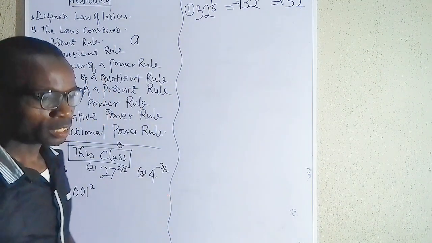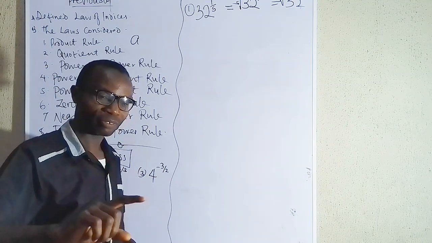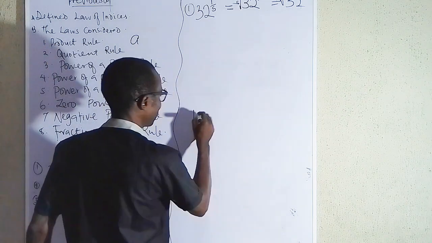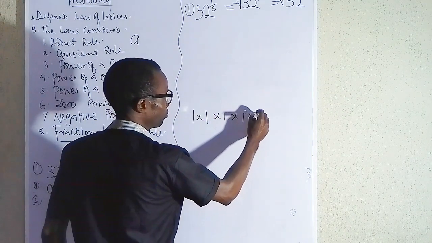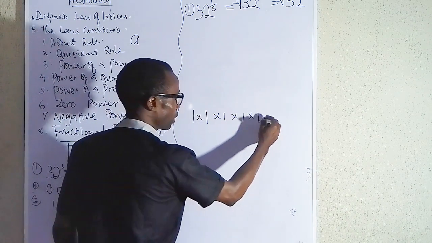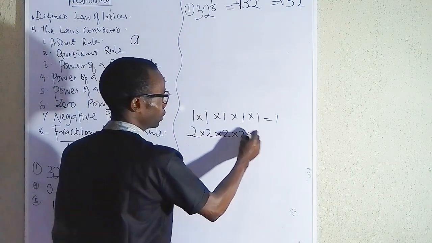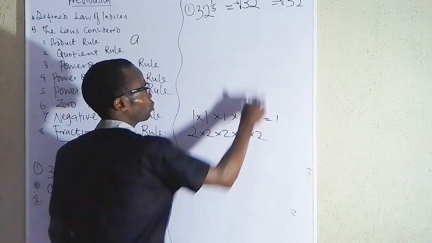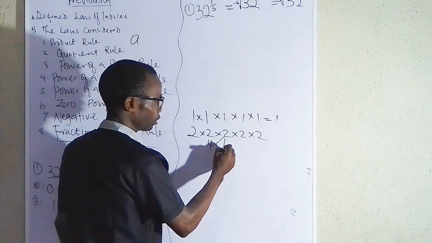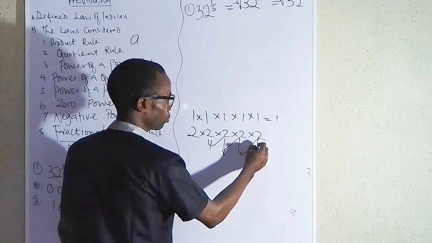The fifth root means you look for a number that you multiply by itself 5 times to give you 32. If we take 1 times 1 times 1 times 1 times 1, we have 1. Let's try the next number, 2 times 2 times 2 times 2 times 2. 2 times 2 is 4. 4 times 2 is 8. 8 times 2 is 16, and 16 times 2 will give us 32.